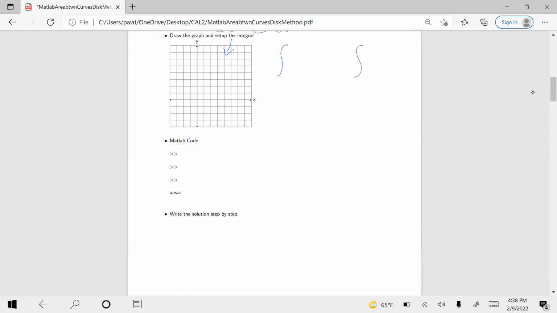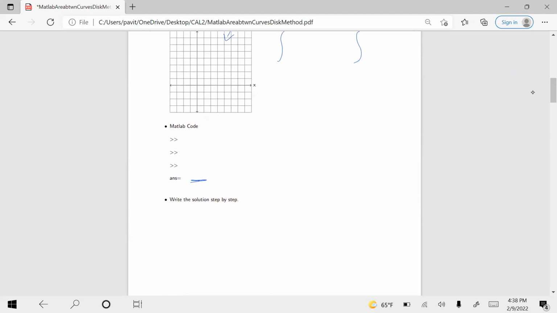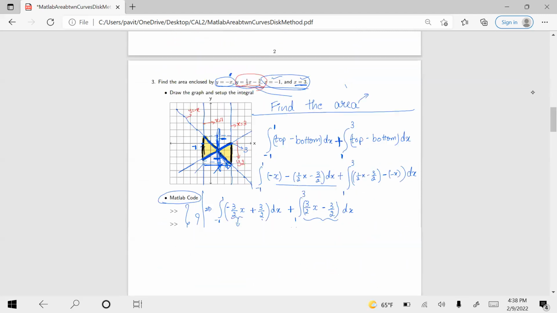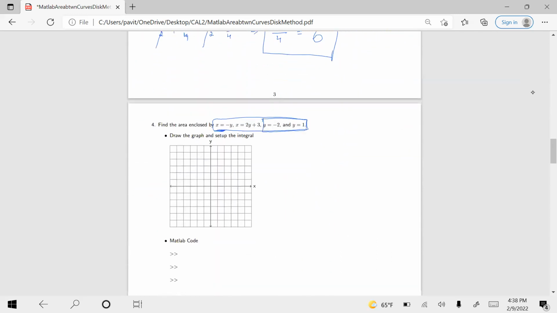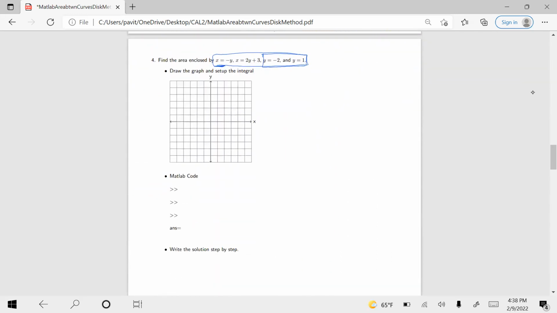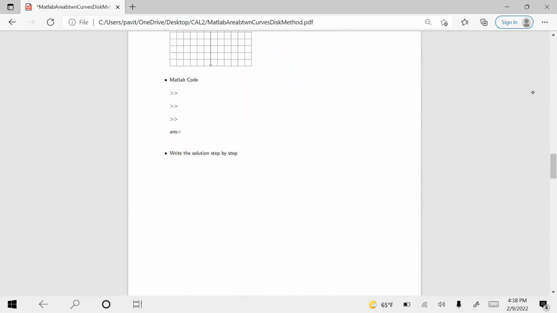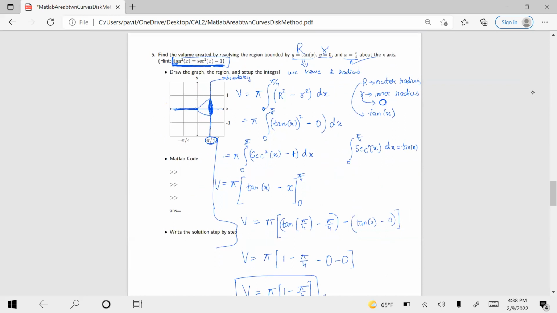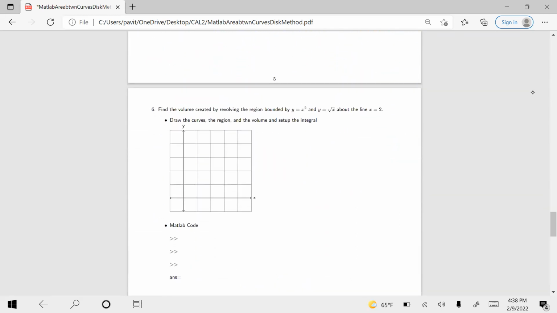Then you will find the final answer using both hand calculations and the MATLAB code. Problem 3, it's done. And problem 4, as I told you, it is just a swap. And problem 5 is also done.